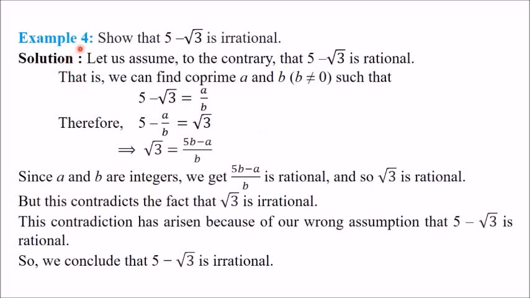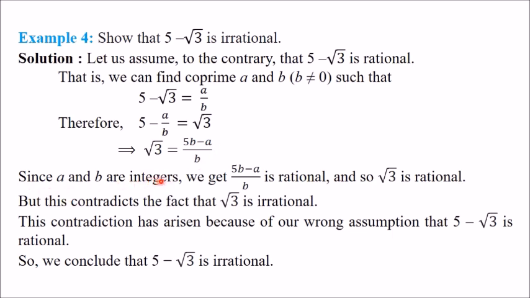One more example. Show that 5 minus root 3 is irrational. In the same way, we assume to the contrary that 5 minus root 3 is rational. So 5 minus root 3 can be written as a by b, where a and b are co-prime. Ultimately we get root 3 is equal to (5b minus a) by b.